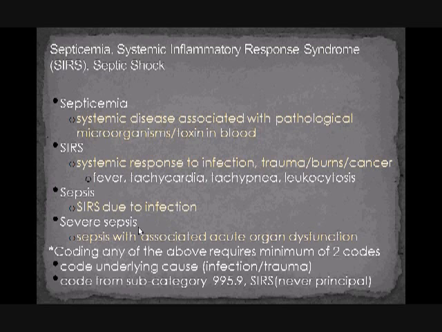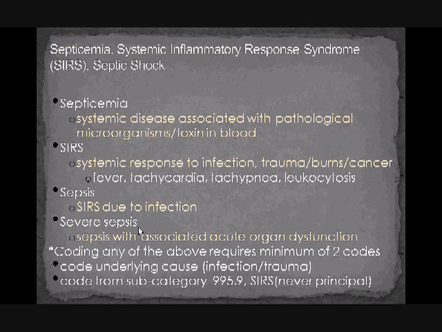For cases dealing with systemic inflammatory response syndromes, septicemia, sepsis, severe sepsis, the number one item that you need to know is that you are likely going to be dealing with two codes, because you're essentially dealing with, in layman's terms, blood poisoning.